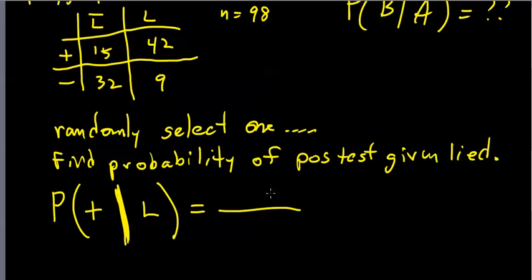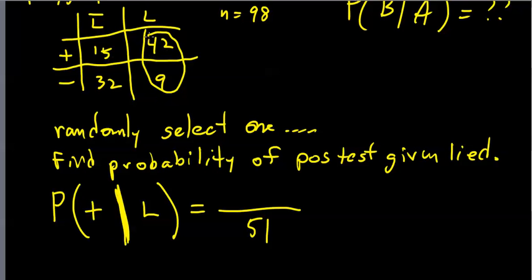Alright, well, if we assume that the subject lied, we've got 51 subjects to choose from. So my denominator in this probability is going to be 51 available outcomes. Now, how many of those liars actually received a positive test result?